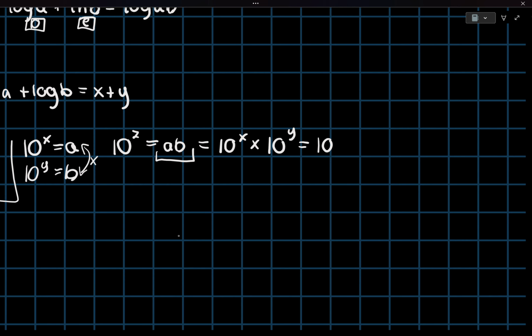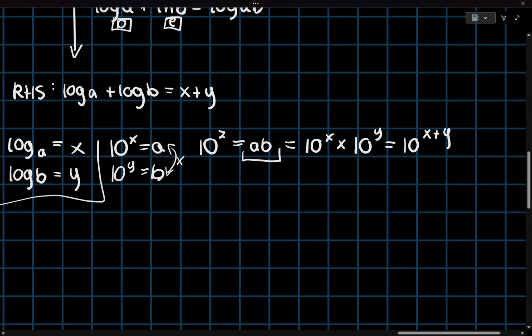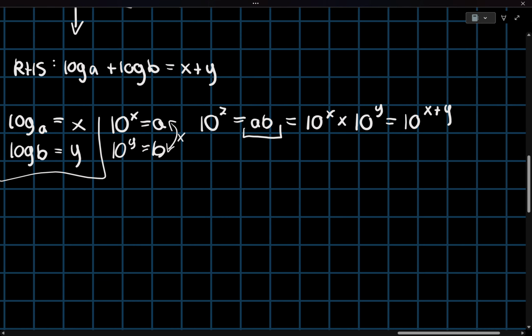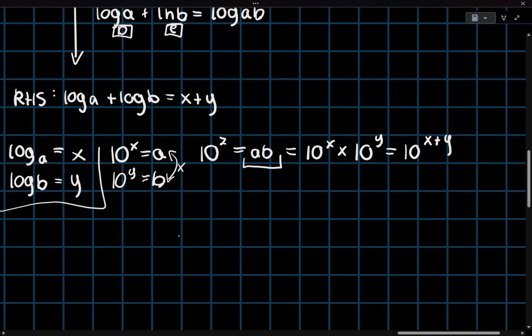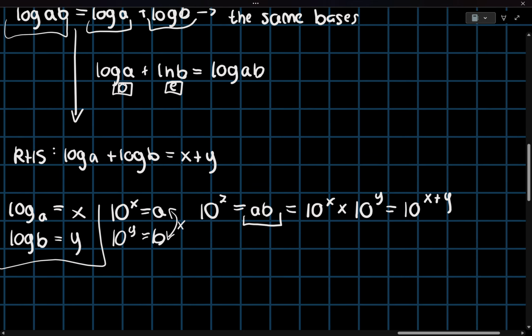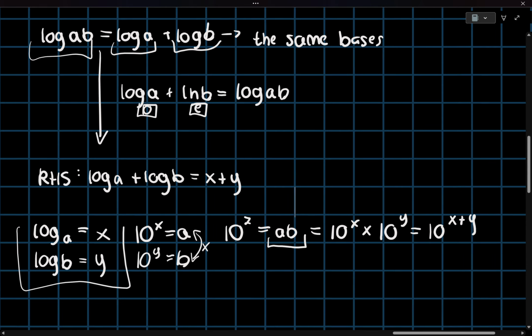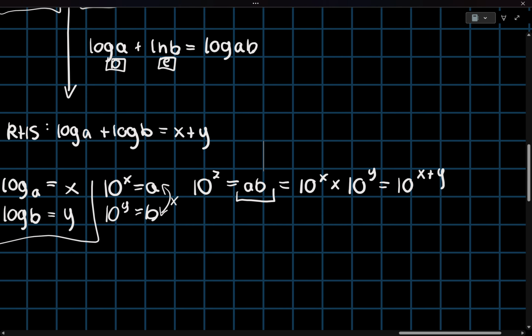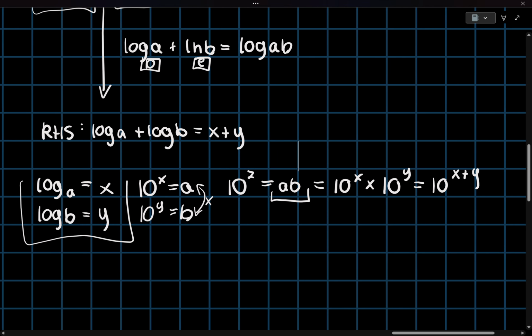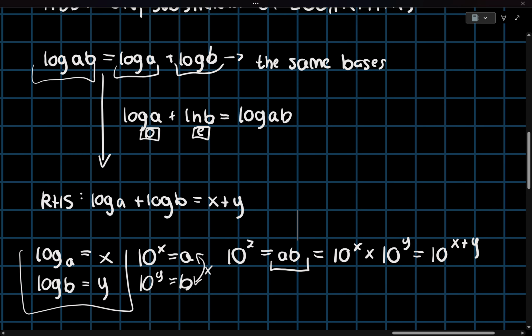So it's 10 to the power of x plus y, and let's not forget that our 10 to the power of z was a substitute for our expression for the left hand side.